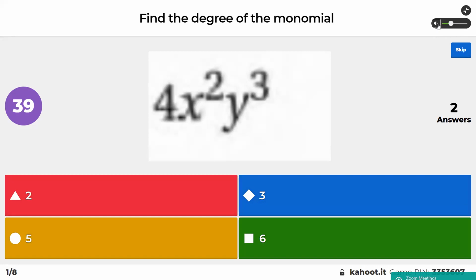Teacher, I pressed. My mobile is shut down. Okay, Basma, try to rejoin. Teacher, they appeared to me on the squares, so I pressed any one. The colors, choose the colors. Look at my screen. 2 is red, 3 is blue, 5 is orange, 6 is green.